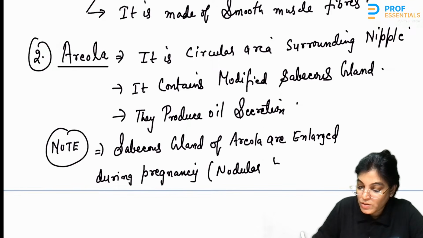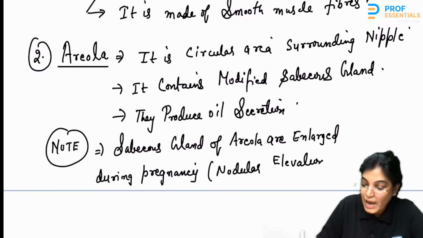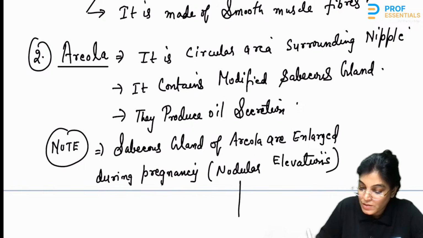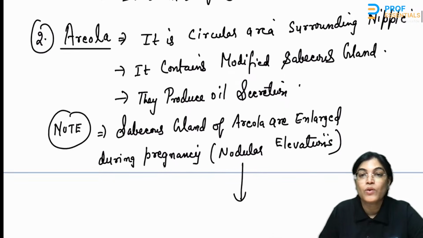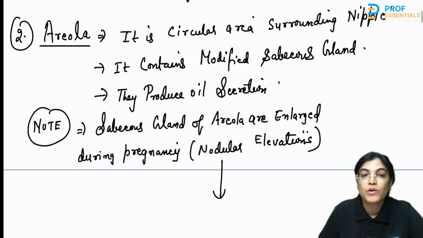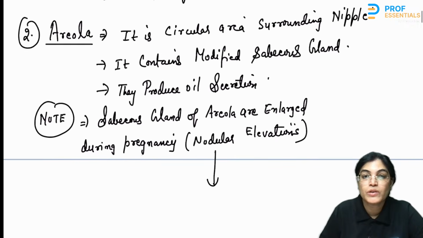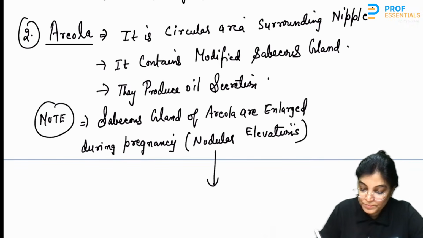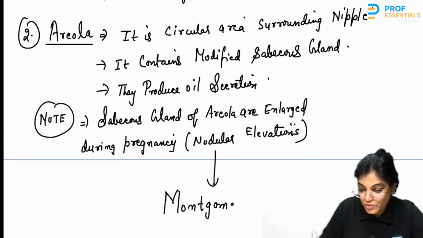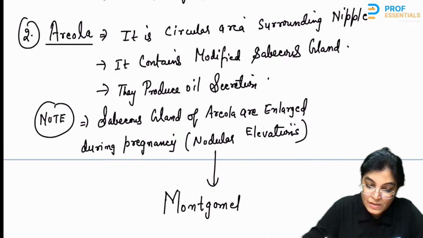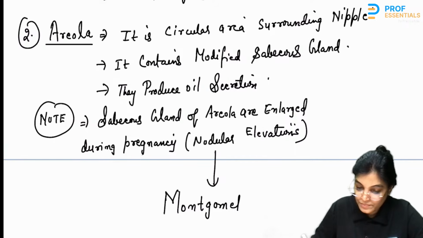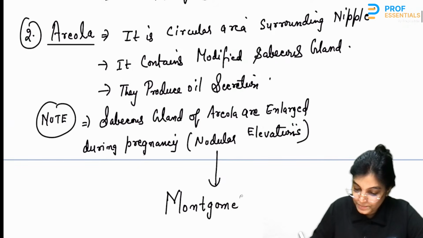A particular name is given to these nodular projections or elevations. What is it called? It is termed Montgomery's tubercles.